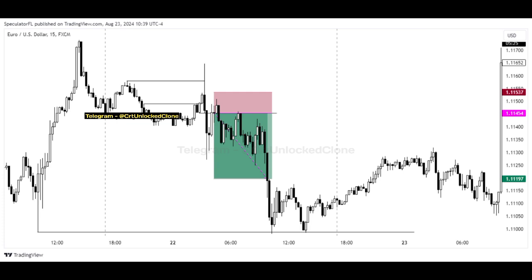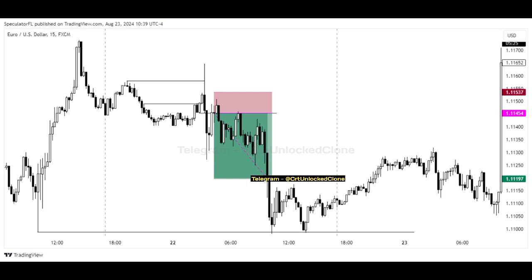I got that during the London open kill zone, and particularly during the 3 a.m. candle, which increased the probability of my trade idea even more, because we know that the 3 a.m. candle is a macro within the bigger London open kill zone, which is from 2 a.m. to 5 a.m. The 3 a.m. is a more refined version of it, and if you get an entry or a purge there during the 3 a.m., then it increases the probability of your trade even more, right? And you would get even more conviction in your trade idea.